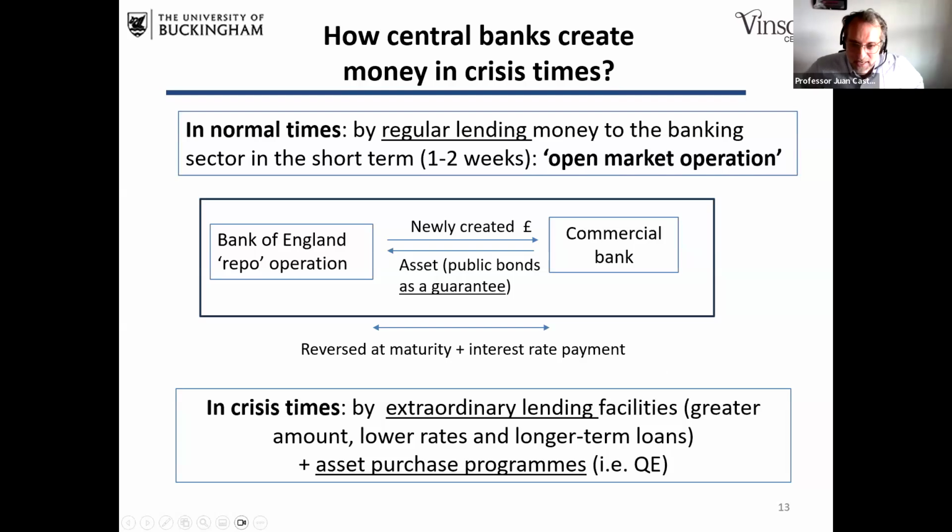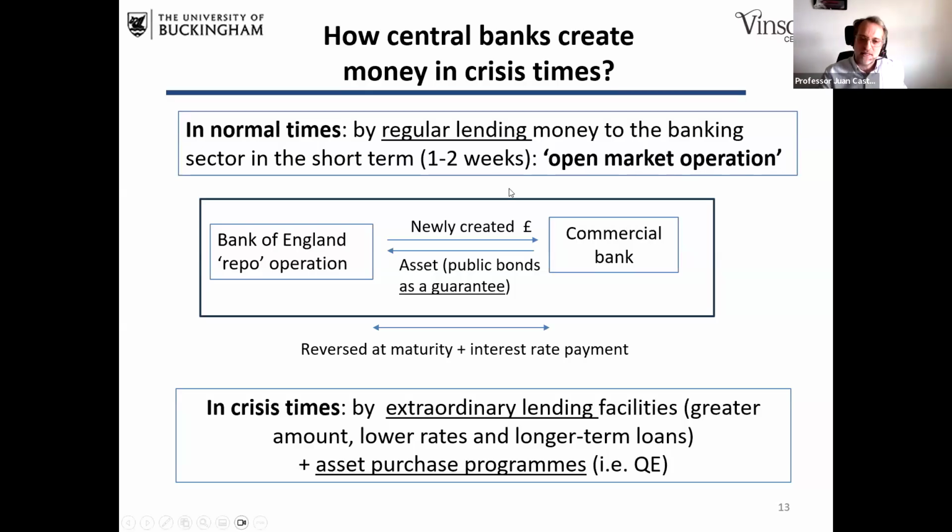How do central banks create money in times of crisis? Well, first we're going to discuss how they do it normally, in normal times, if you like. In normal times, what they do is to provide regular lending to the banking sector. What they provide is short-term lending over 1 to 2 weeks. This is what we call open market operations.